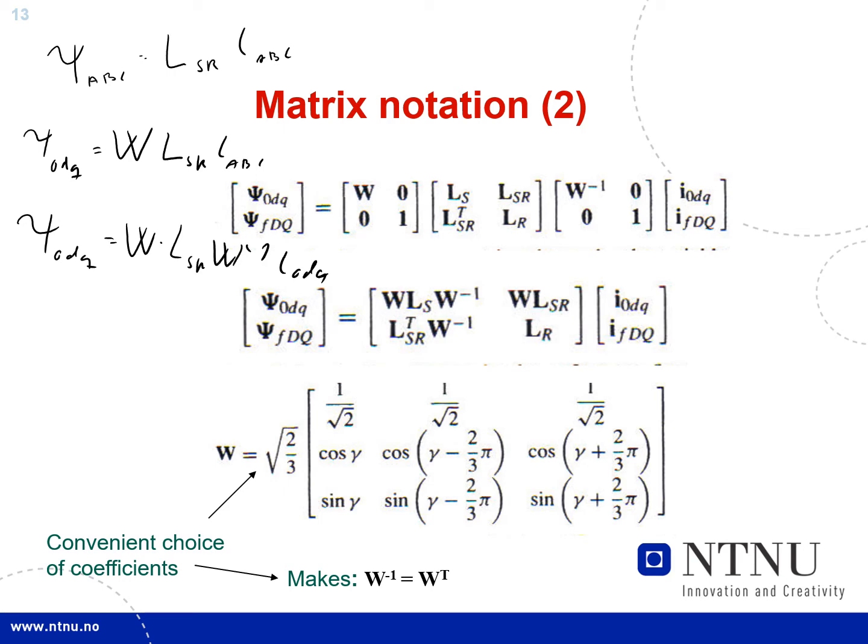And that is what is indicated in this final matrix here, showing how this is transformed between all of the variables. And you also see that the point with the beta constant being square root of 2/3 is that it makes the inverse of the Park transformation equal to the transpose of it.